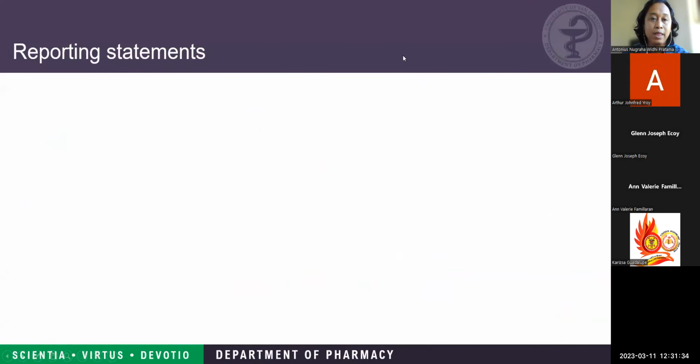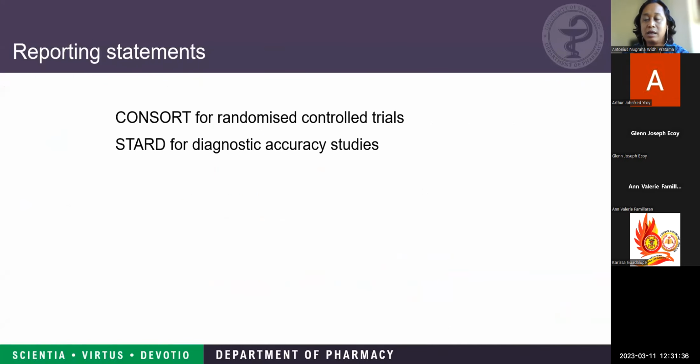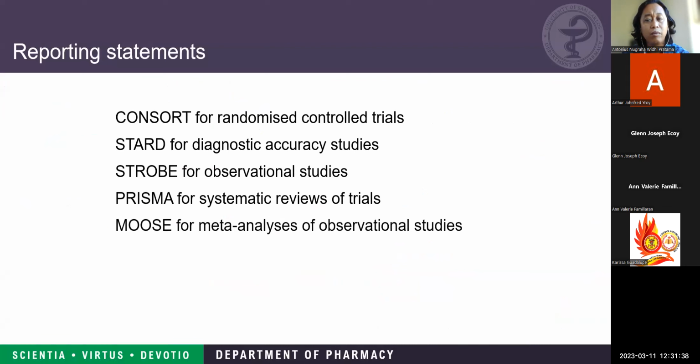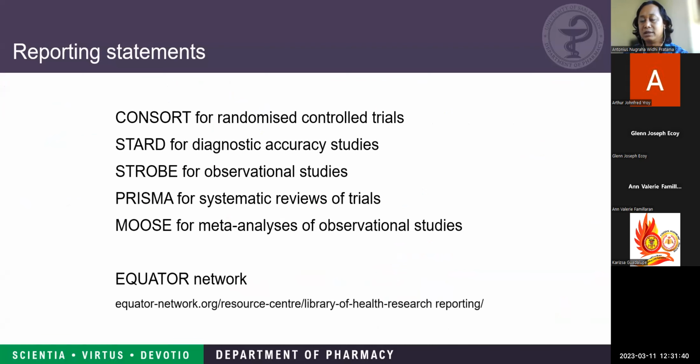Please read this one. And if you want to have more understanding, please search PubMed. You can just type the study design and they will appear, and then just read one paper to understand.